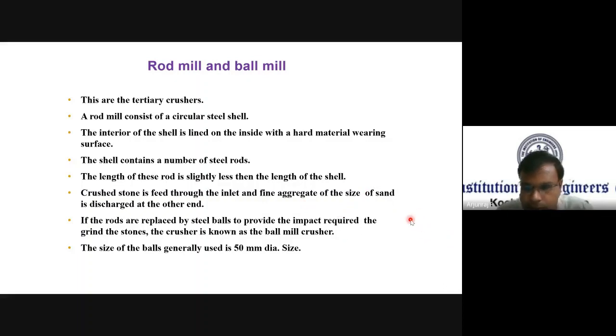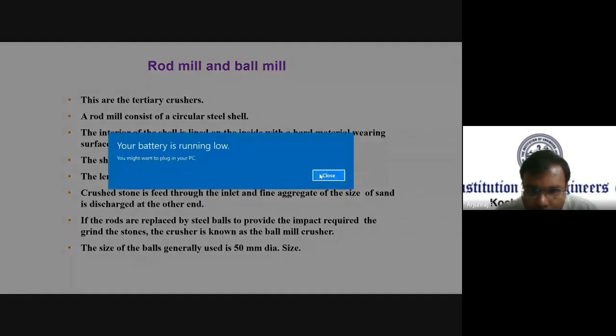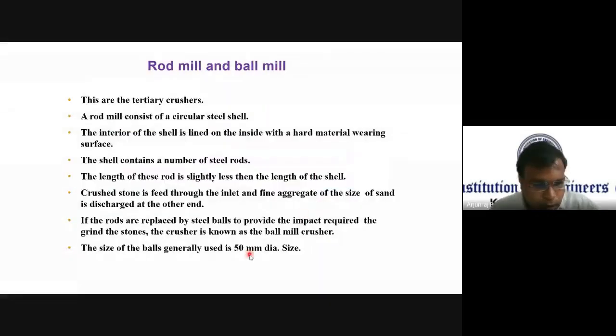Sometimes you also need to break that according to the requirement, and make it very fine sand. The size of the balls can also vary, as I said: you have one rod and one ball.